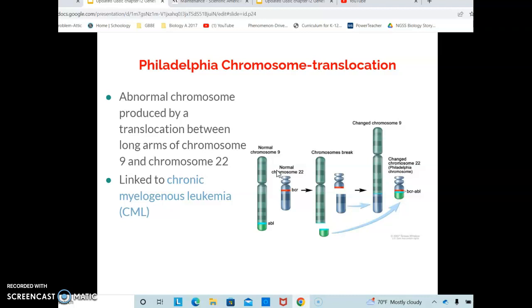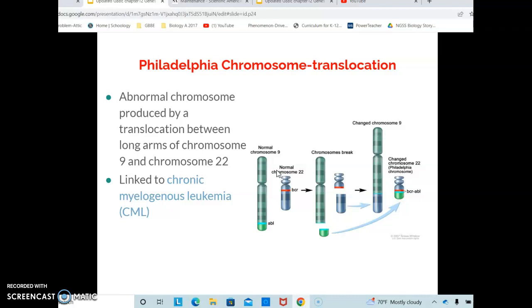But they also call it CML, a type of blood cancer, a type of leukemia. I read a book on this, and it was really fascinating, about their search for a cure. There are known drugs on the market now that will help patients with this form of leukemia, but early detection is still going to be best.